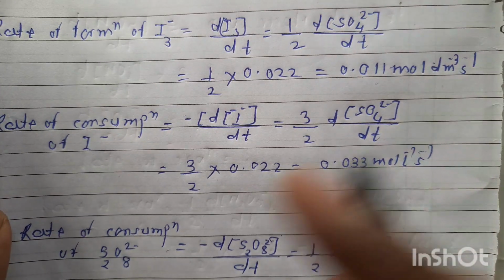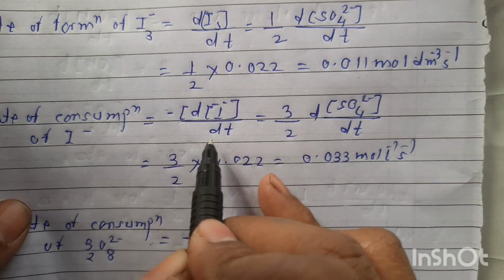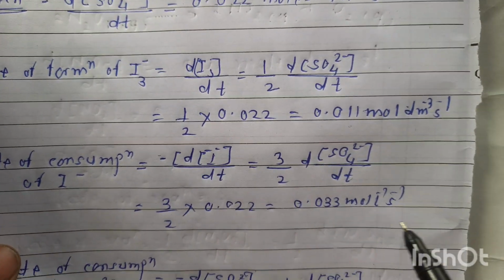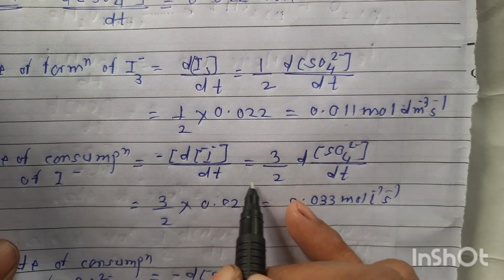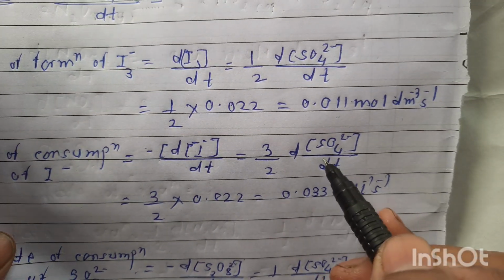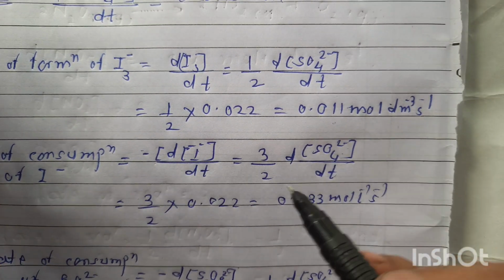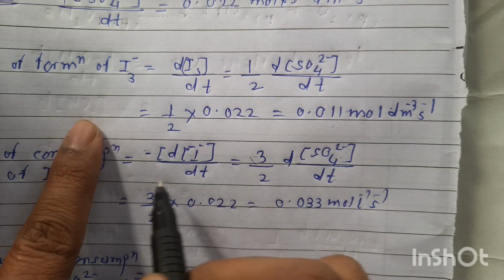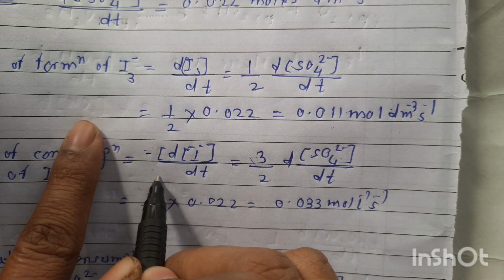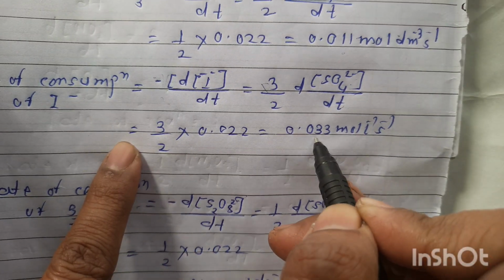So next, what is asked? The rate of consumption of I minus, that is minus d I minus by dt. Here also see what we have done. Minus d I minus by dt is equal to half of dSO4 2 minus divided by dt, but here we have multiplied it by 3 because that number was here, right? So what answer do we get after substitution? We get this answer, right?